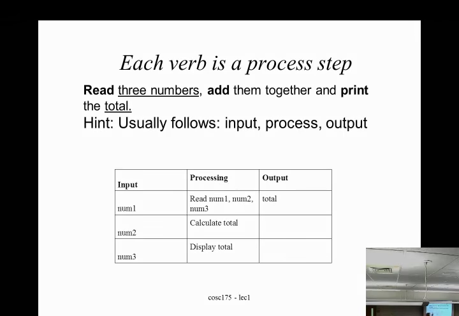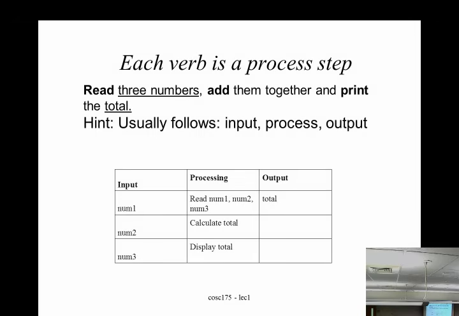Is this an input step? Say yes. Yes, we are inputting in step 1, correct? We're reading num1, num2, and num3. In step 2, what are we kind of doing? Processing. And in step 3, what are we kind of doing?